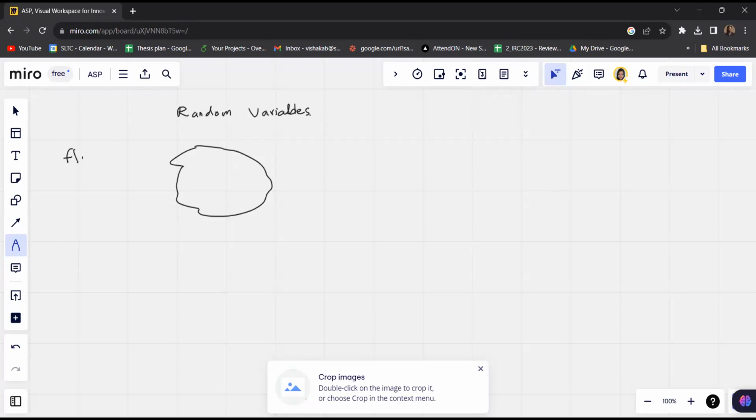The coin can have either head or tail, and if it is a fair coin, the output will be either head or tail, depending on the situation. We don't exactly know the output, so we call these experiments random experiments, which give random outputs.